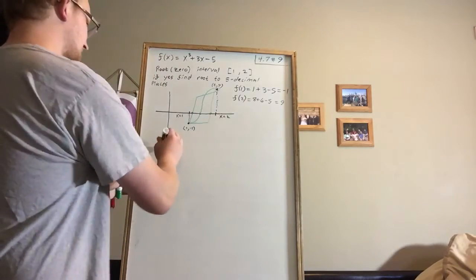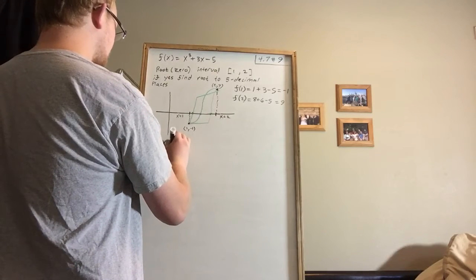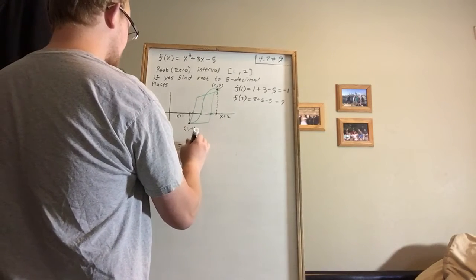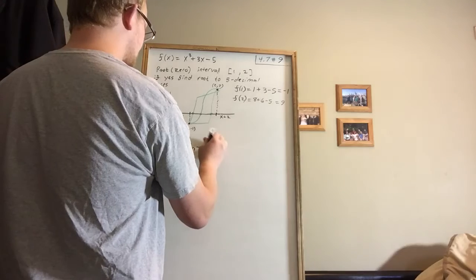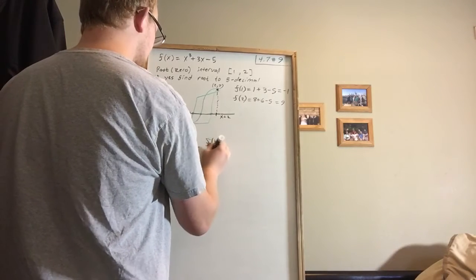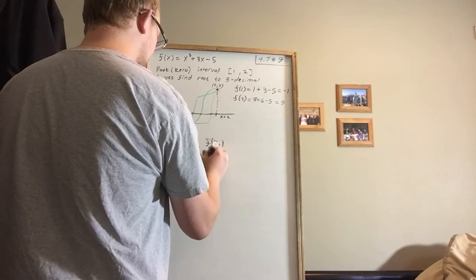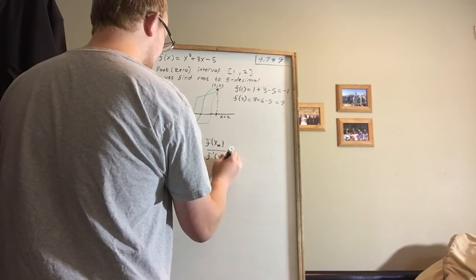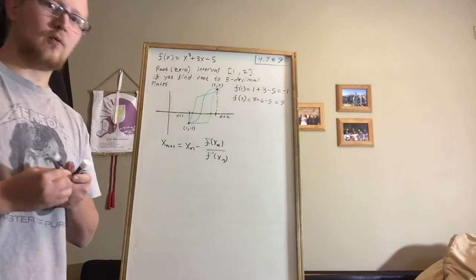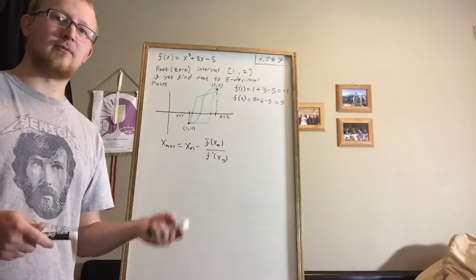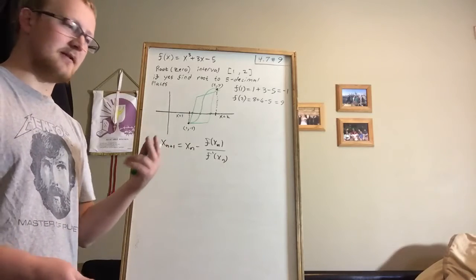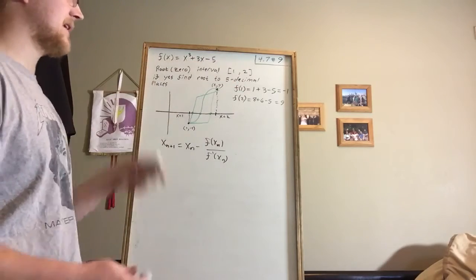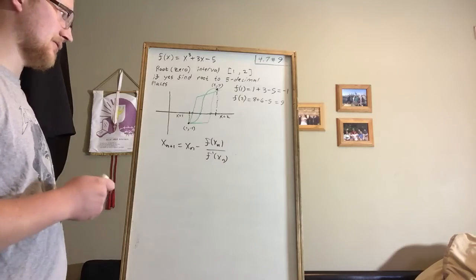Okay, so what does Newton's method look like? It looks like x_{n+1} equals x_n minus f of x_n over f prime of x_n. I've done a few videos on this, one proving where the method comes from, which I recommend watching, and in the last video, which was about 4.7, number 6, finding zeros.